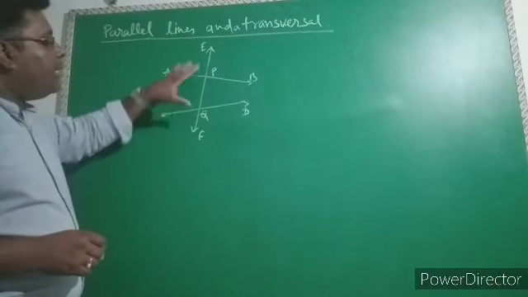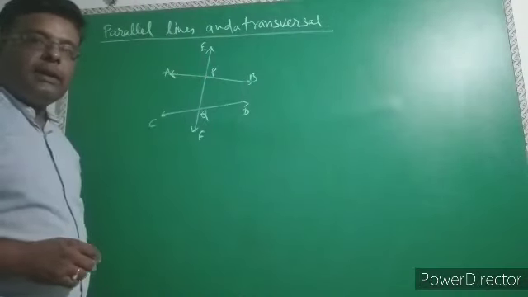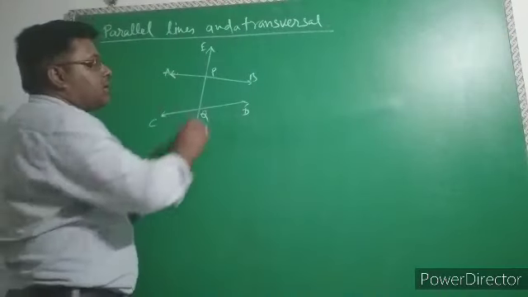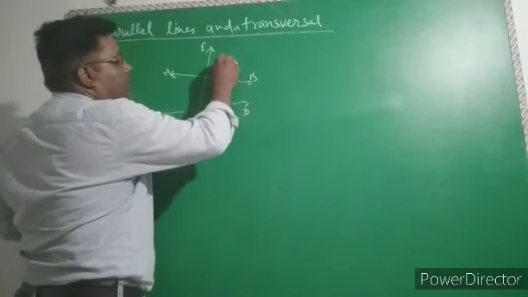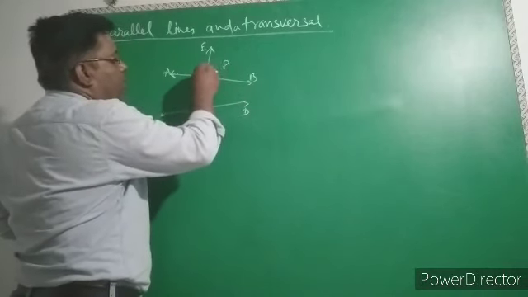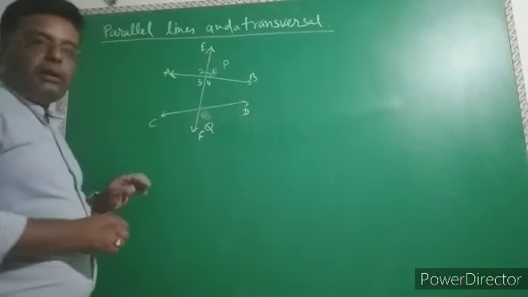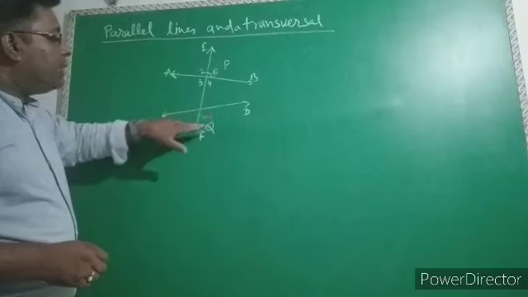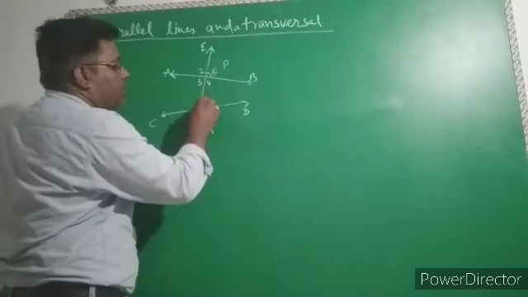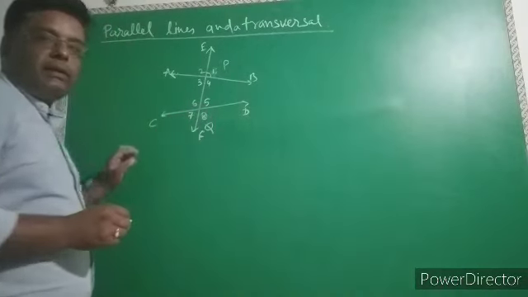Now see, when a transversal intersects the lines, then at each point, suppose at point P, we get 4 angles. Suppose we name them angle 1, 2, 3, 4, and similarly at Q we get 4 angles, 5, 6, 7 and 8.